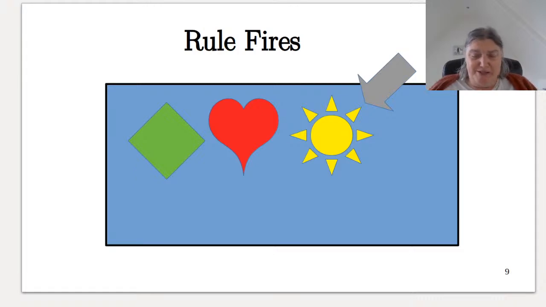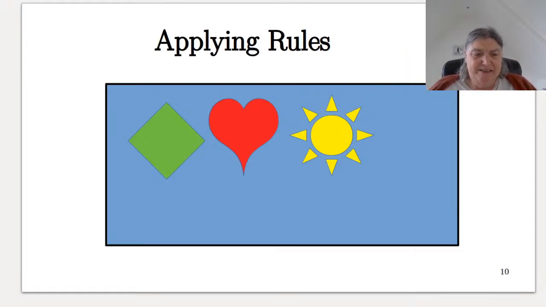Now the rule fires and adds the yellow sun, and that's what we're left with in the constraint store. This stable state is called a solution. So this is generally what happens if you add something to the store, then it runs for a while and eventually reaches some stable state.